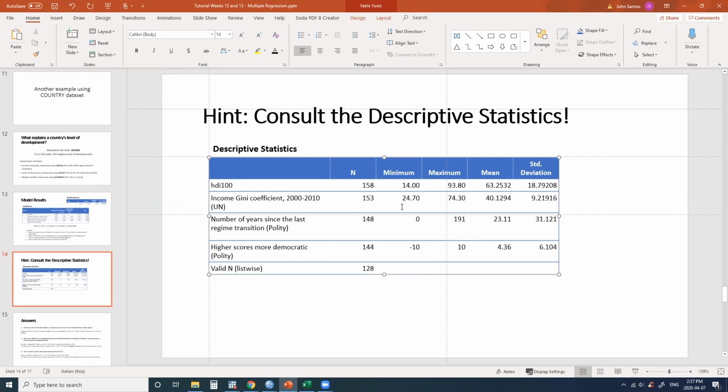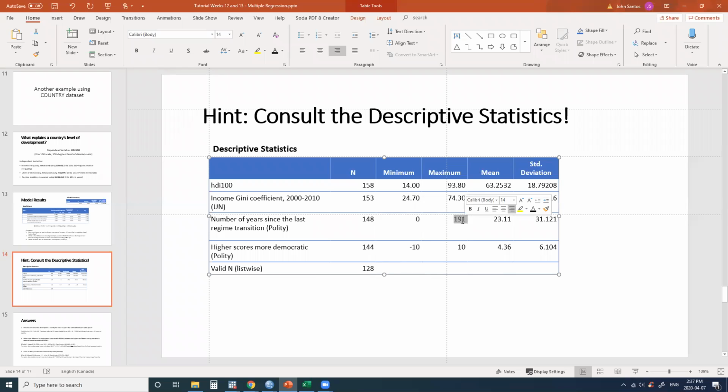The Gini coefficient ranges from 24.7 to 74.3. So again, no country is absolutely unequal and no country is absolutely equal. Number of years since the last regime transition: there are countries which had a regime change the year before this survey was done, and there are countries which haven't had a regime change in 191 years.